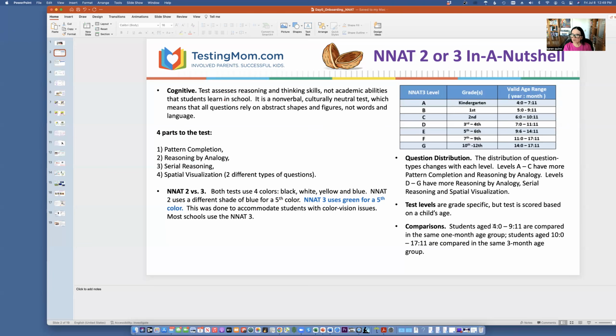For students who are age 4 to 9.11, they're going to be compared within a 1-month age group of other kids. So they'll all be born like within a month of each other in terms of age. And then older kids will be compared to students within a 3-month group related to their age.